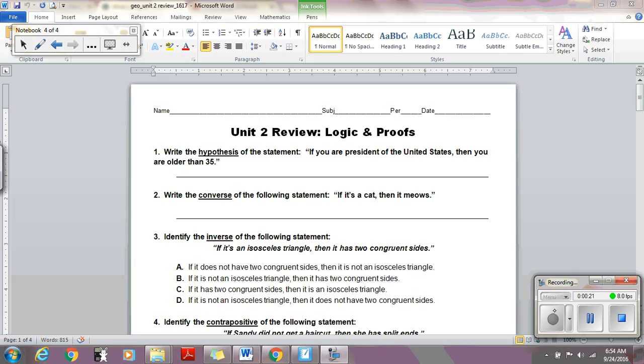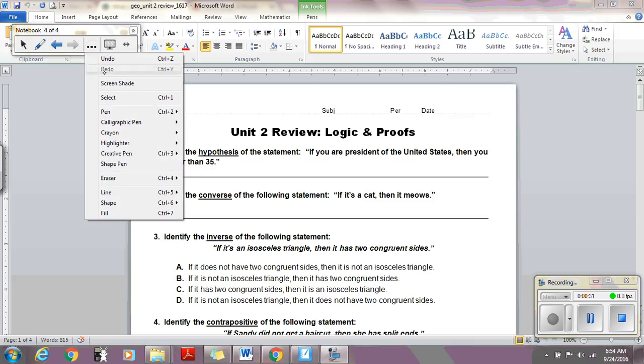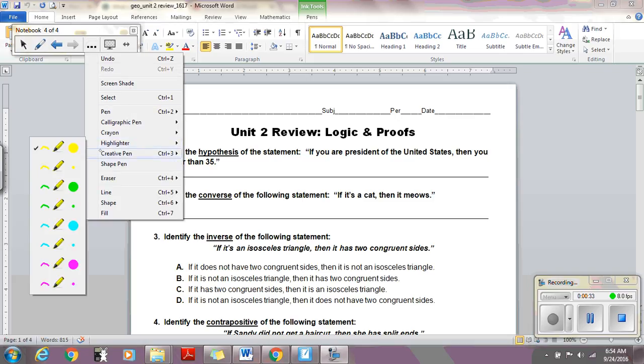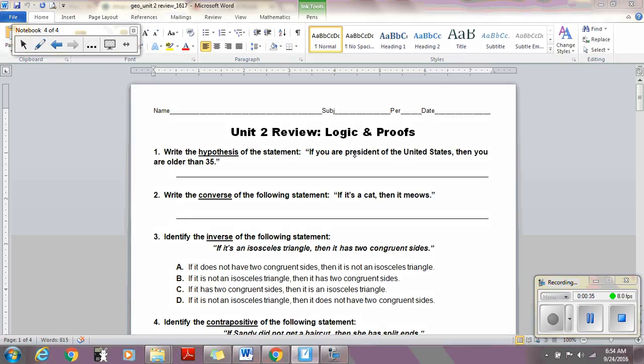The first question says, write the hypothesis of the statement. If you are President of the United States, then you are older than 35. So the hypothesis follows that word if. So it would be you are President of the United States. That's it.